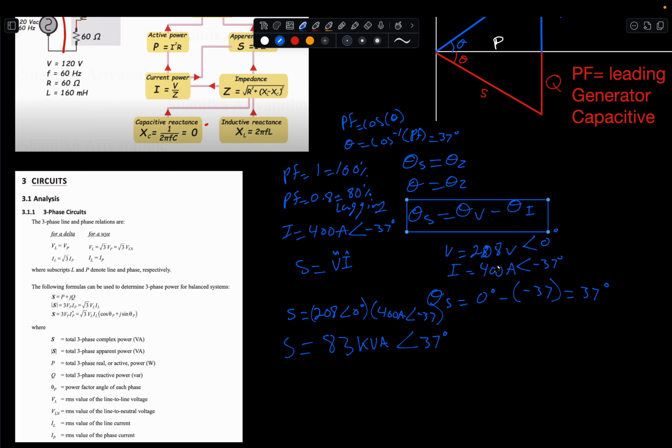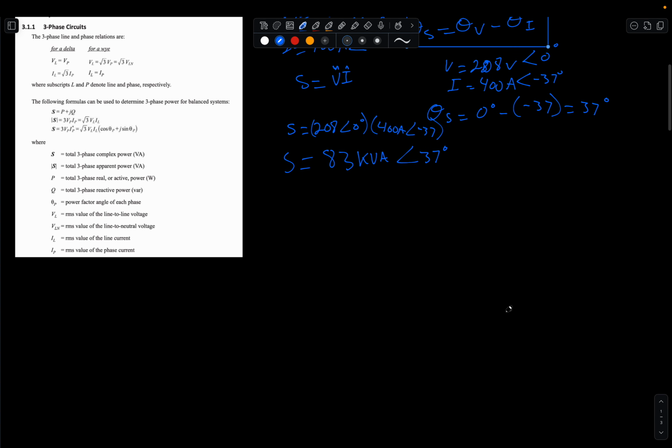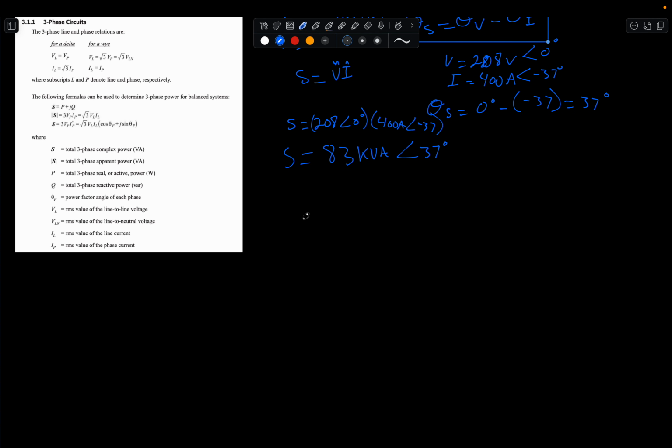And let's do it, right? So let's assume that this power factor, once again, is going to be leading instead of lagging. So following that same concept, we have theta S equals theta Z, which equals theta voltage minus theta I. So now we have a power factor that is 0.8 leading.